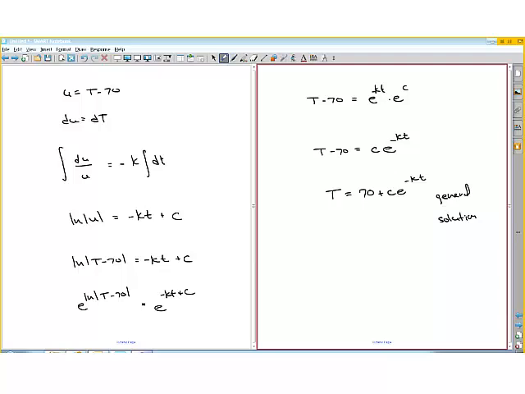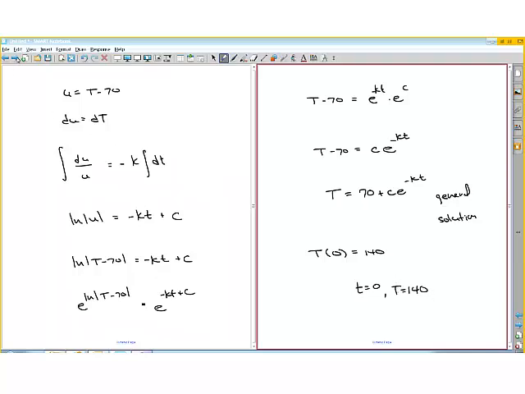The initial condition to find the particular solution says that T of 0 is 140. Again, that means when x equals, in this case, when t equals 0, actually small t, not big T, so when time equals 0, then big T is equal to 140.